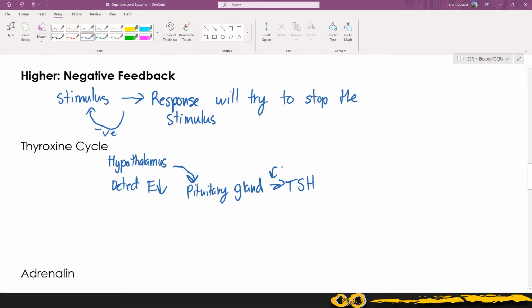The pituitary gland is going to secrete this hormone. TSH is going to tell the thyroid to bring up its levels of thyroxine.